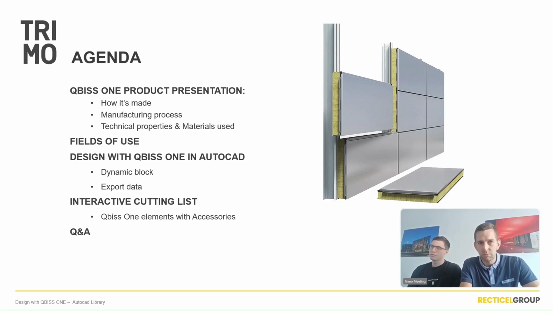Next, we'll explore the interactive cutting list, which allows you to easily generate and manage qbiss One elements together with all the necessary accessories. So that's the plan for today.